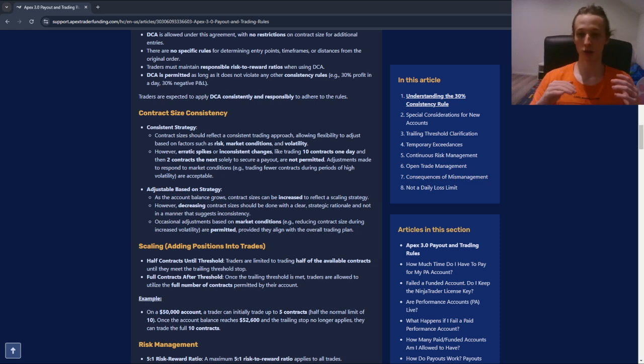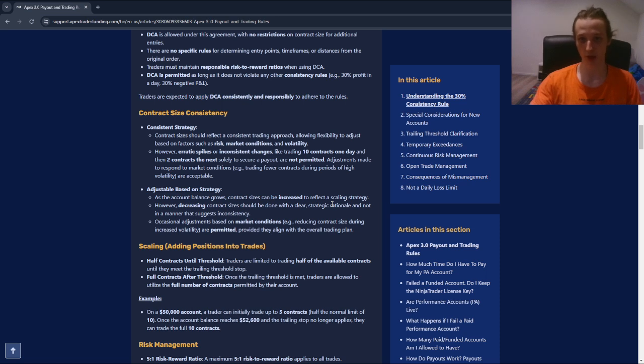But do not trade 1 contract and then tomorrow you spike it up to 5 or 6 contracts and then the next day you go down to 1 micro or so. Don't do that. Adjustable based on strategy. As the account balance grows, contract sizes can be increased to reflect a scaling strategy. Exactly what I said.